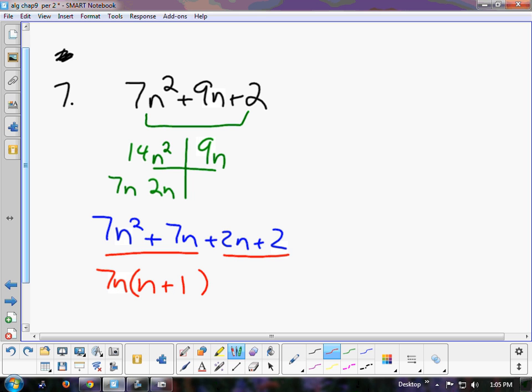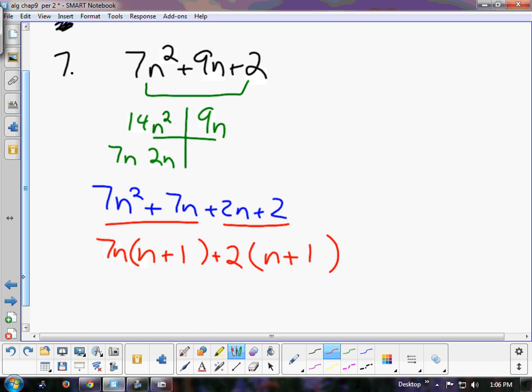Good. The same thing goes for the second one. It's very clear what the factor of the second one is. What comes out of both 2n and 2? 2 does. And you're left with what inside? Now, if you're not sure what's left inside, look at the first one. It should be the same, n plus 1.